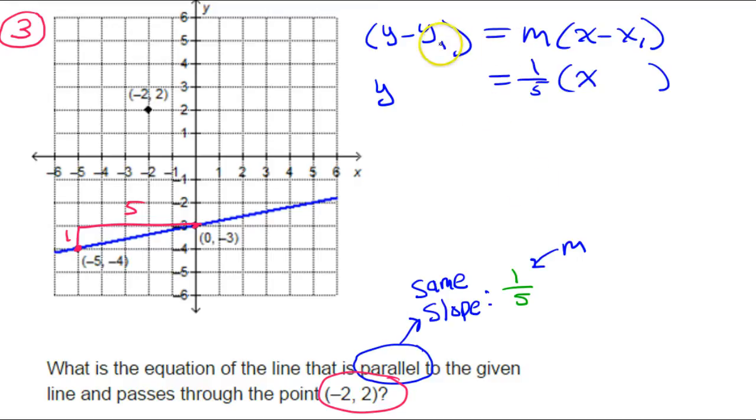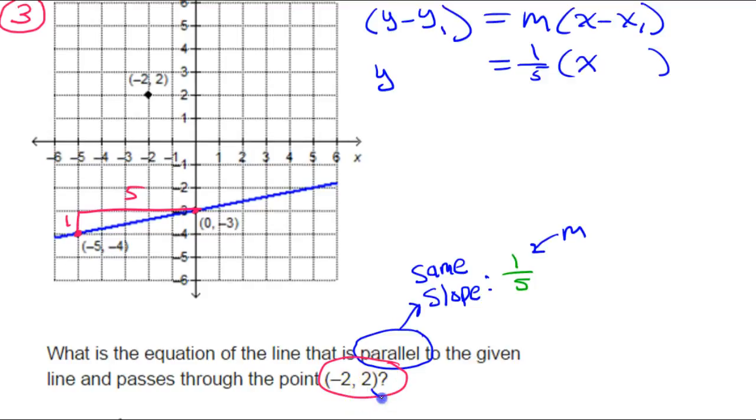Now the y1 and the x1 are a point. So this is y1 and this is x1. The negative signs in this formula tell you to do the opposite sign.